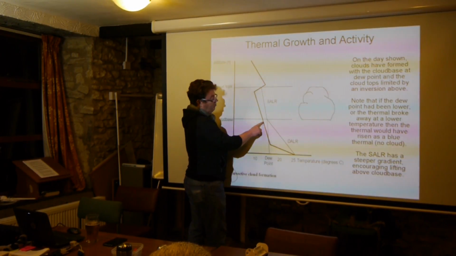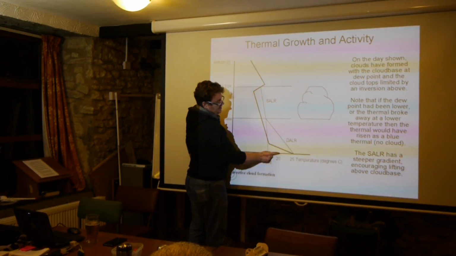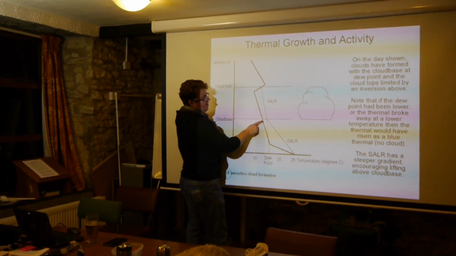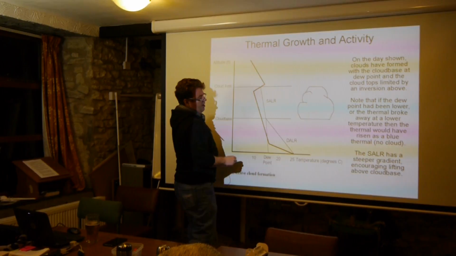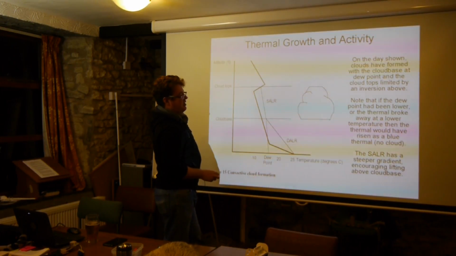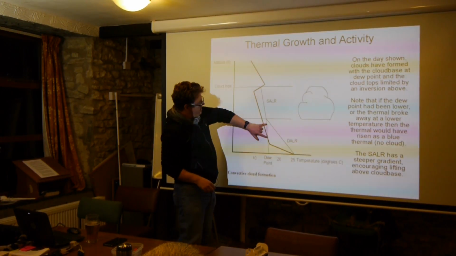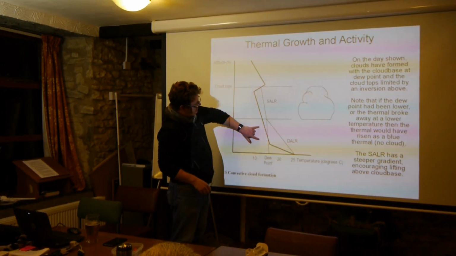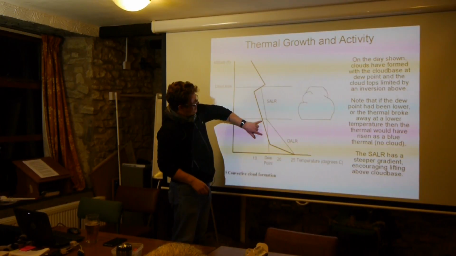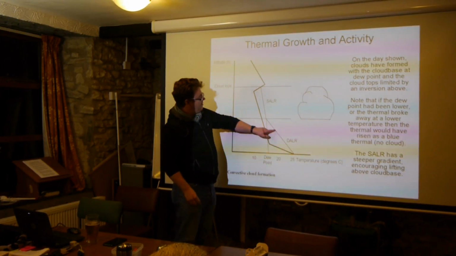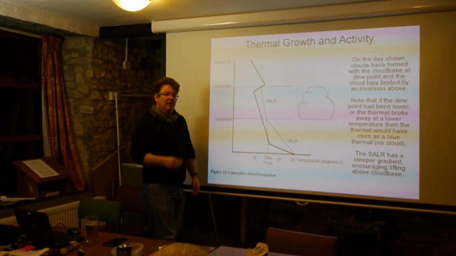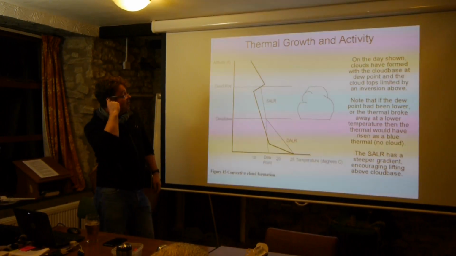If there was less surface heating, so the temperature didn't get quite as high, the thermal would stop before the dew point level was reached. The other possibility is that if you moved the dew point over here and plotted it up, then again the dry adiabat would potentially meet the environmental line before it met the dew point line, and you wouldn't have cloud development.